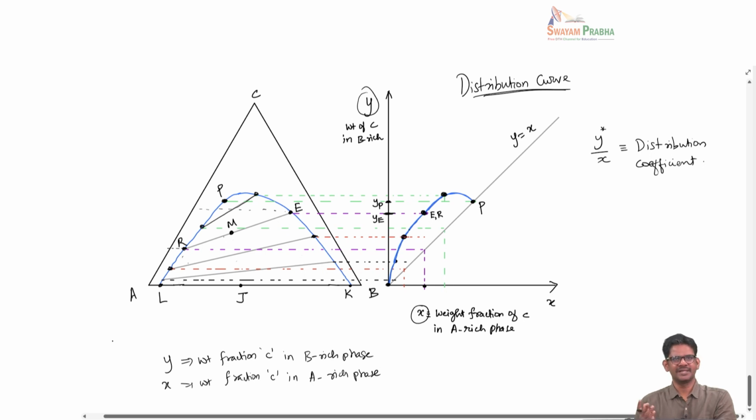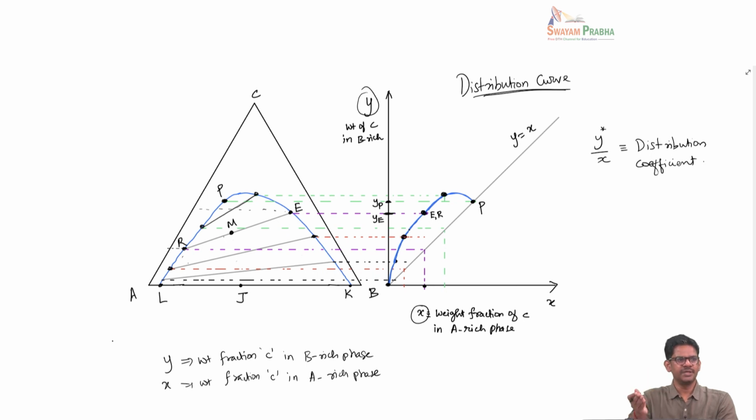But it tells you to what extent component C prefers solvent B over solvent A. It gives a relative separation possibility. It's very similar to the way we defined relative volatility to tell to what extent a component is more volatile than the other. So this is also related to that, and y versus x can be used to find the distribution coefficient.